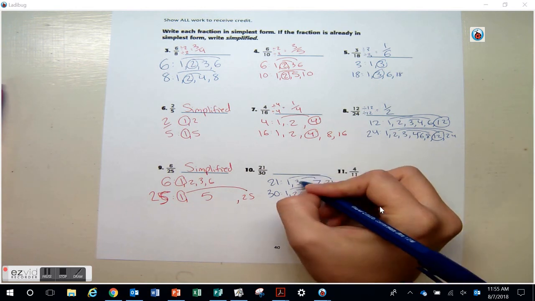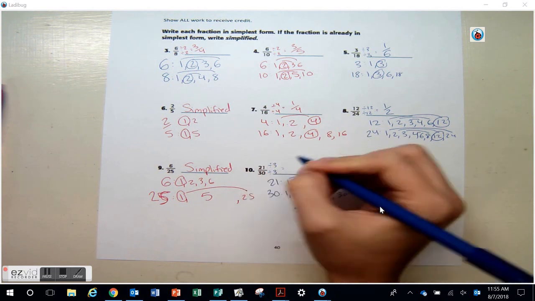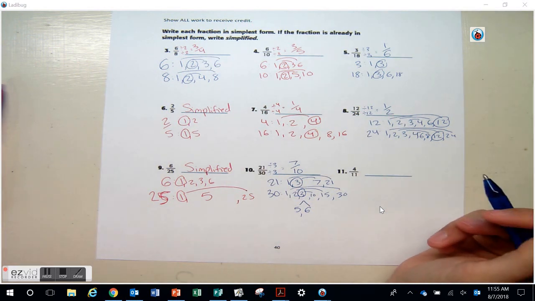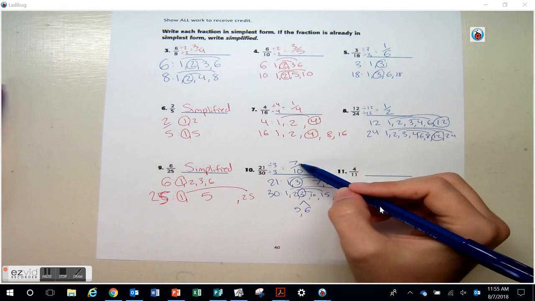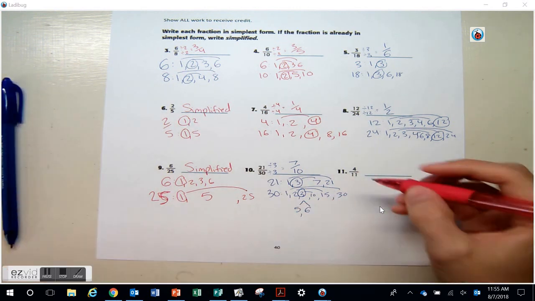The greatest number that they both have in common is 3, so I'm going to divide top and bottom by 3, and we get 7 tenths. Again, I cannot divide 7 and 10 by the same number, so I move on.